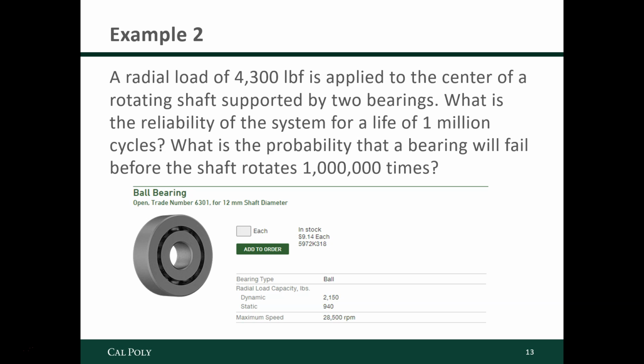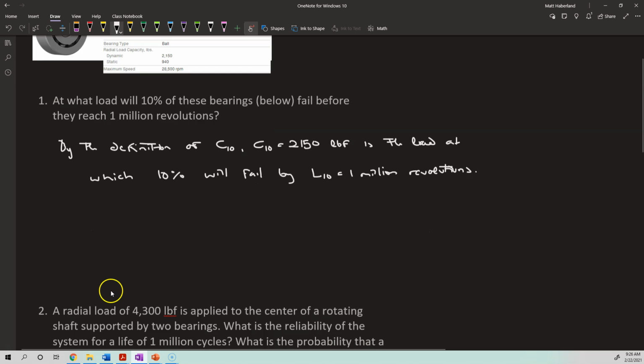What's the probability that a bearing will fail before the shaft rotates 1 million times? That's the complement of this question. If we decide that the system has a reliability of 99%, then there's a 1% chance that one of the bearings will fail at least before the shaft rotates 1 million times. So let's take a look at that one.